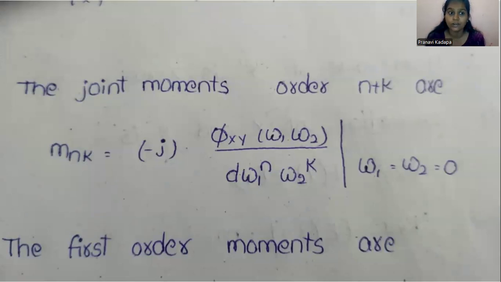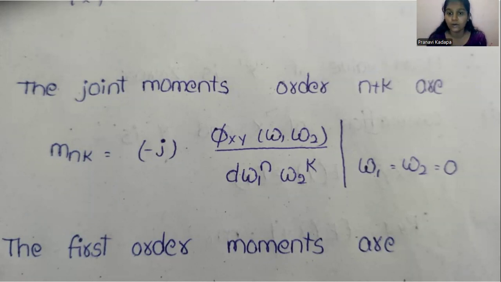We all know the joint moment formula is m n k equals minus j to the power n plus k times the partial derivative of phi X,Y of omega 1, omega 2 by d omega 1 power n, d omega 2 power k, where omega 1 and omega 2 values are 0.